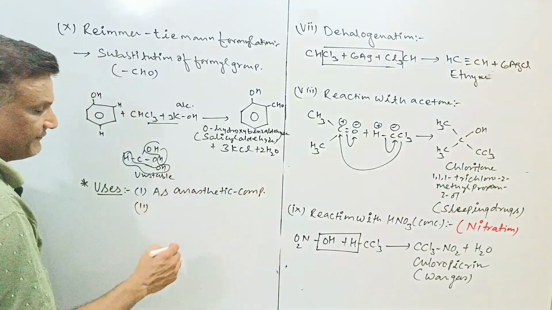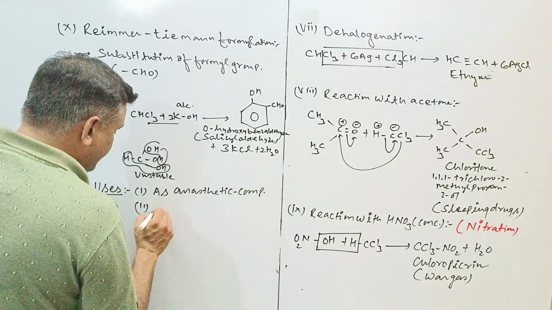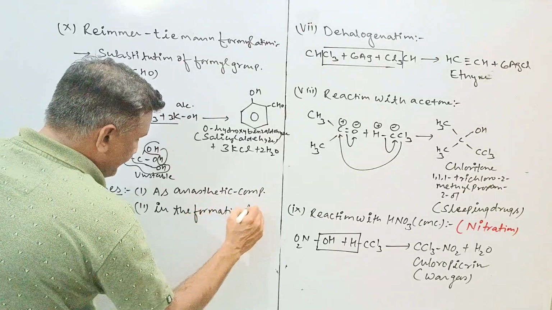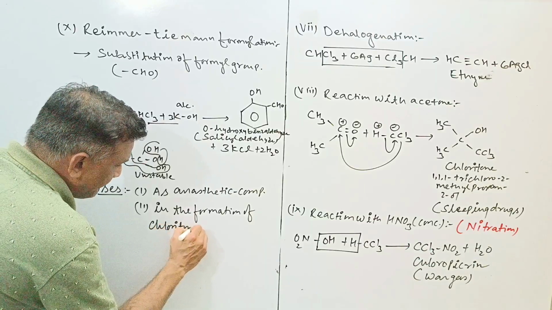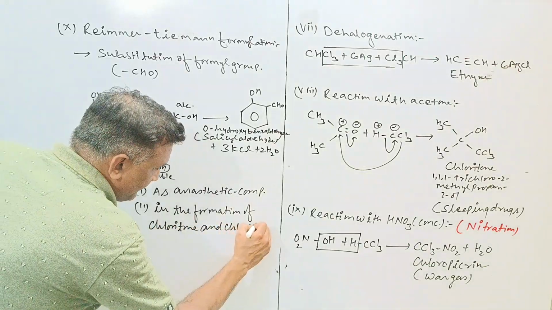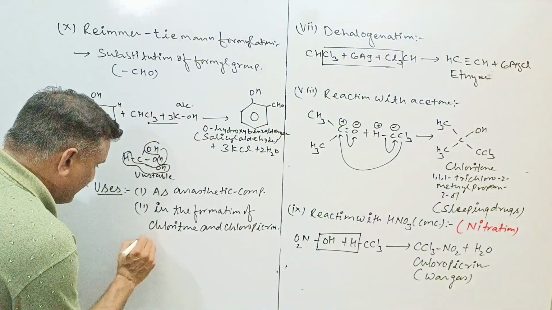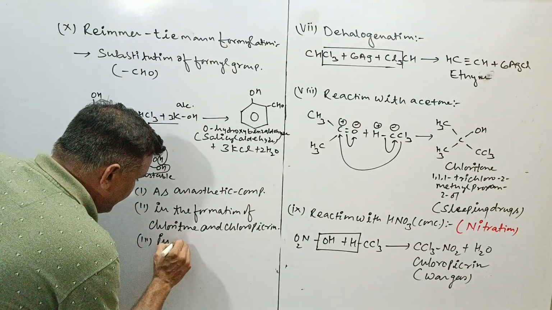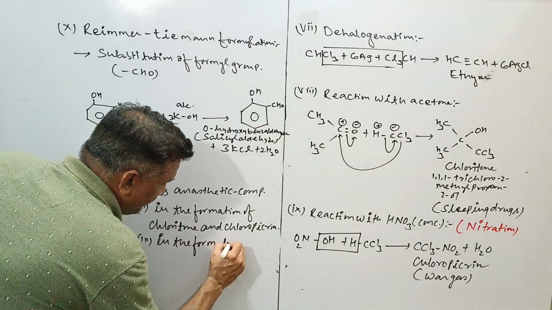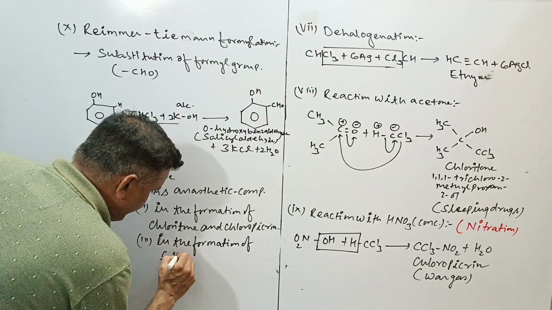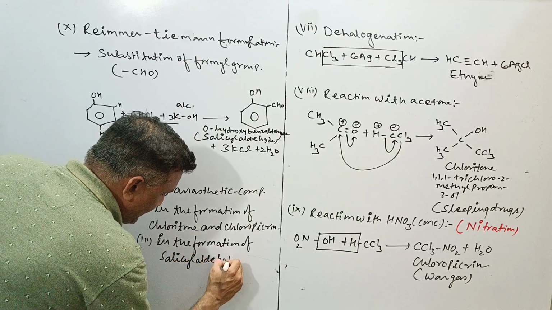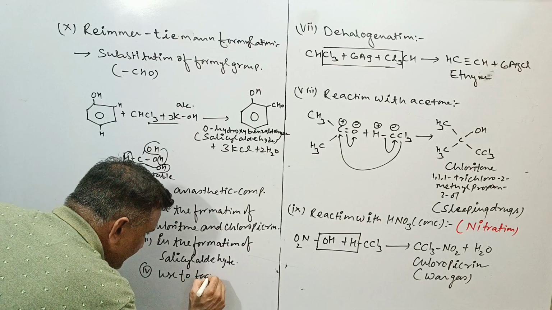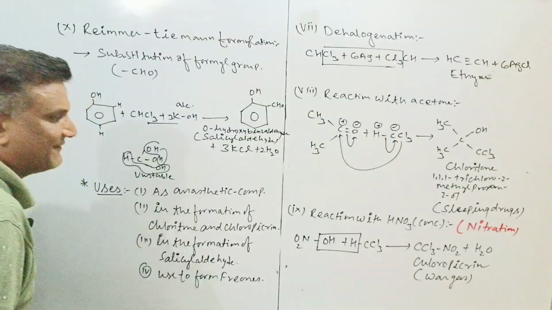Number 2, in the formation of chloretone and chloropicrin. The third, in the formation of salicylaldehyde, and it is also used to form freons which are used in refrigerators.